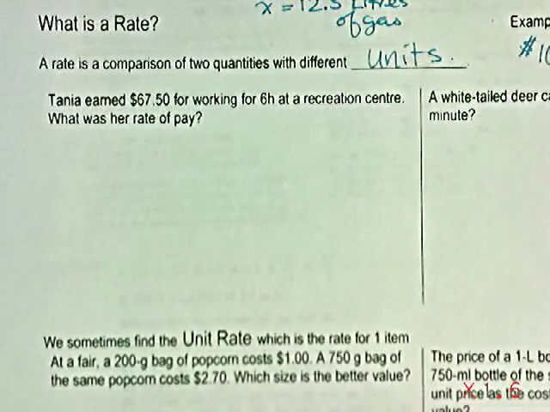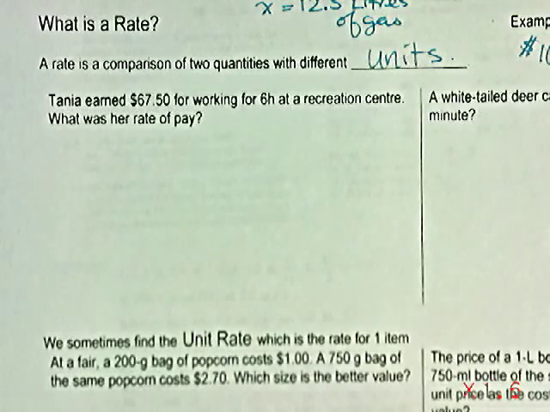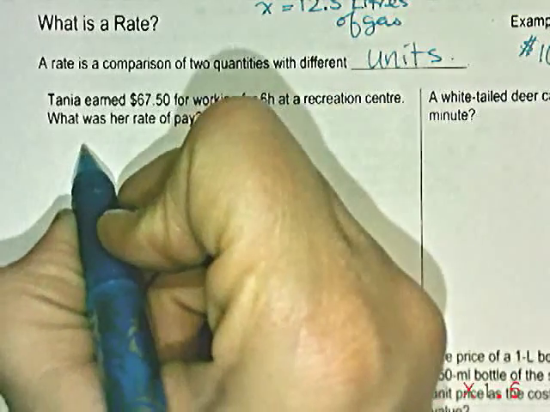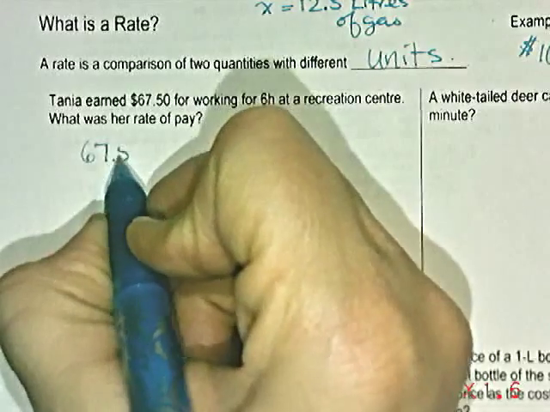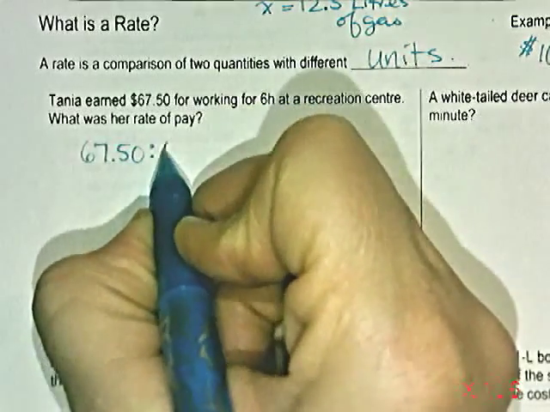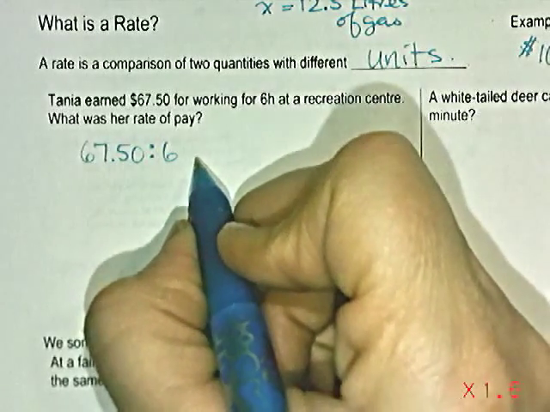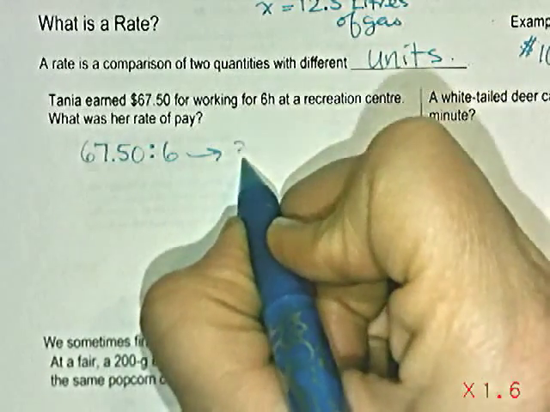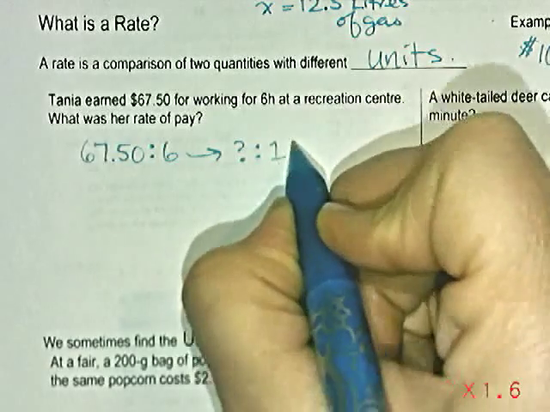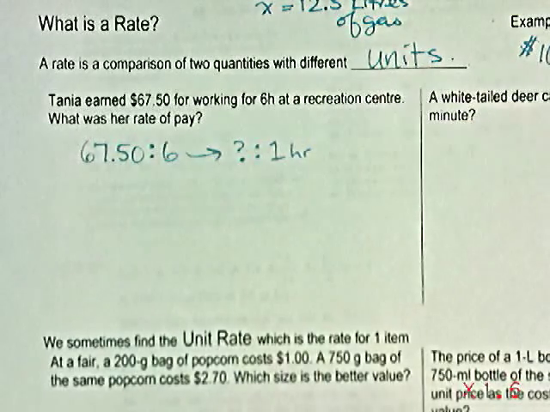If we take a look at a couple of questions, Tanya earned $67.50 for working 6 hours at a rec center. What was her rate of pay? Well, if she made $67.50 for 6 hours, we would be interested in how much she is making for 1 hour, her rate of pay.